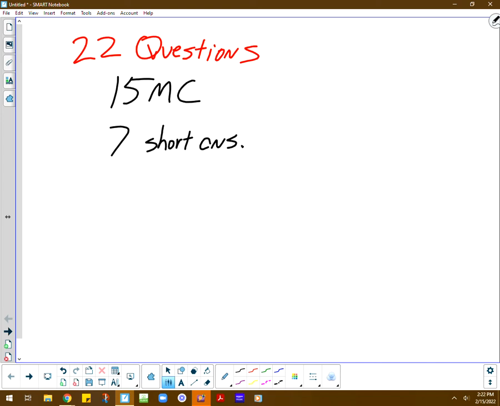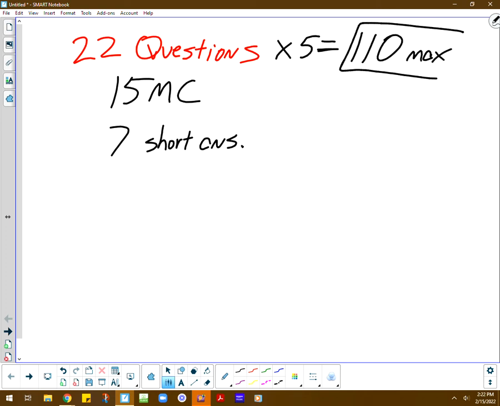And since there's 22 questions, the math doesn't work out really well, so I thought I would set them at 5 points apiece. So there's a total possible score of 110 on this. So even if you totally fudge 2 questions, if you get 20 of them correct, you still make 100. Or if you get 21 correct, you make 110. And that's without proof.